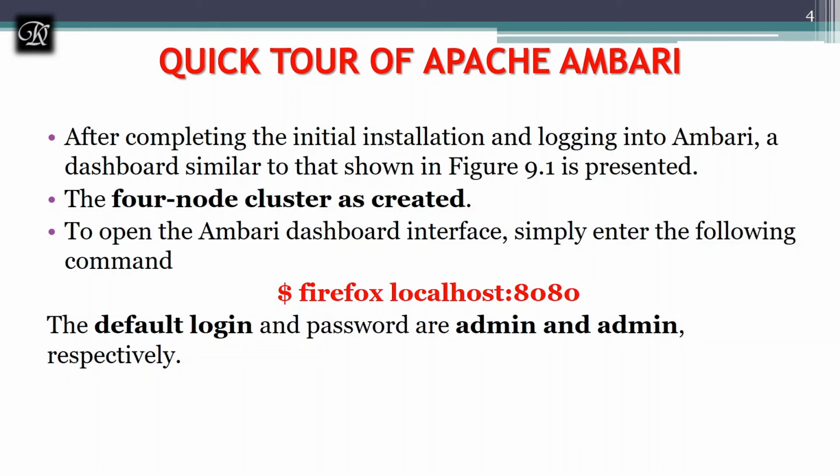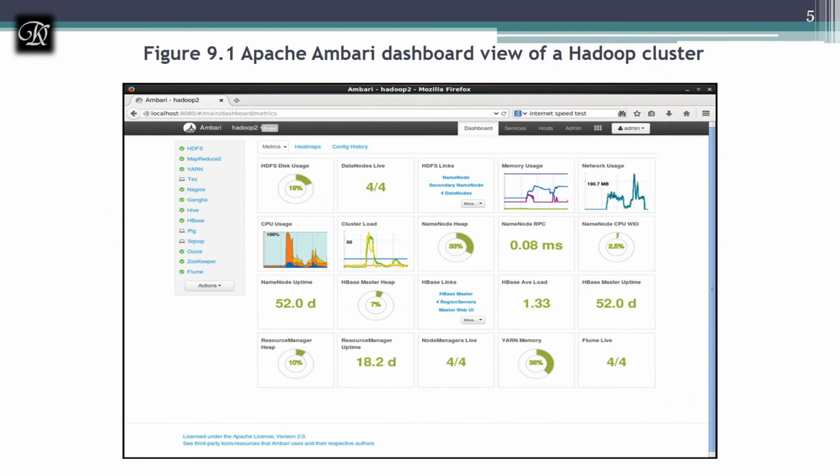I'll just show you what the dashboard looks like once you are logged in. This is the dashboard. You can notice over here we have different types of services which are running, which are supported also.